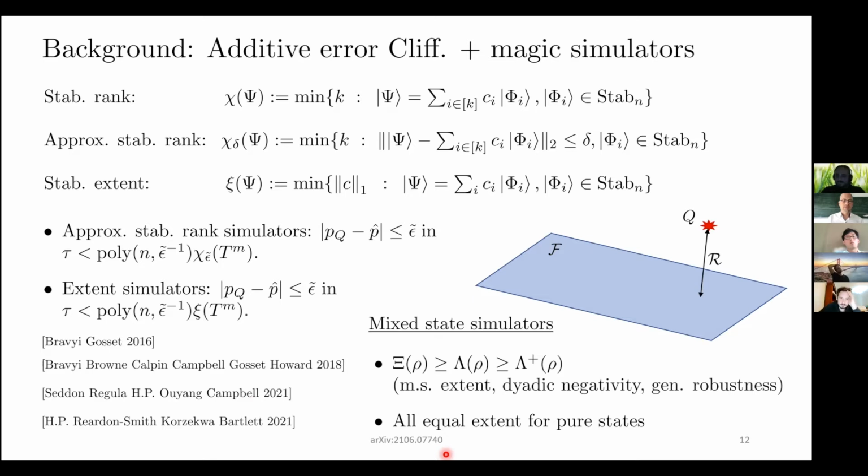I'm still a bit confused. The stabilizer rank has a fairly intuitive interpretation, but from what you've just said, how do I interpret the extent more? I think I kind of missed it.